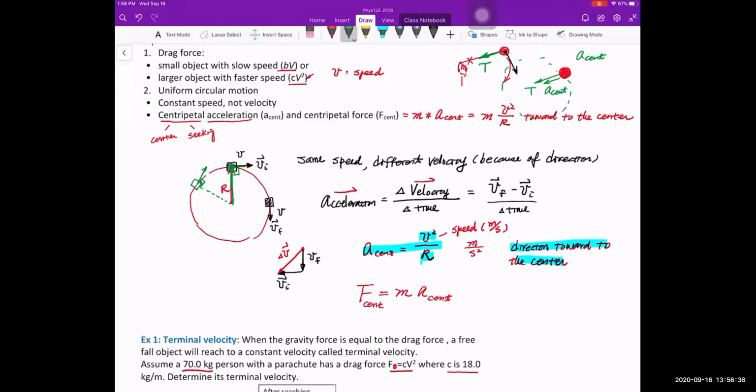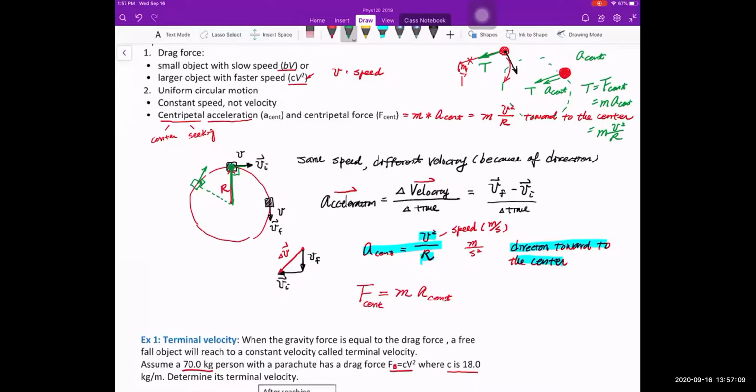Now, when you have an acceleration, you're going to have a force, and that force is the centripetal force, and that is the net force. So your net force is the T, and that is your centripetal force. And that centripetal force is equal to mass times a sub cent, and that a sub cent is V squared over R.